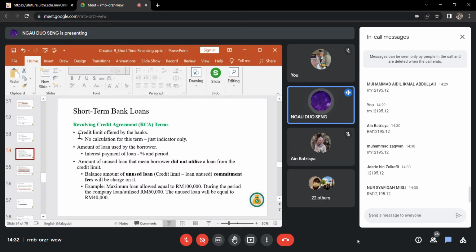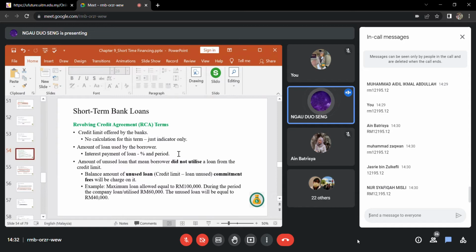What is the meaning of revolving credit agreement? Maksud dia, sebelum syarikat perlukan duit, the company already signs a perjanjian, a contract or agreement dengan bank. Cakap kalau I need money, I can take from you.